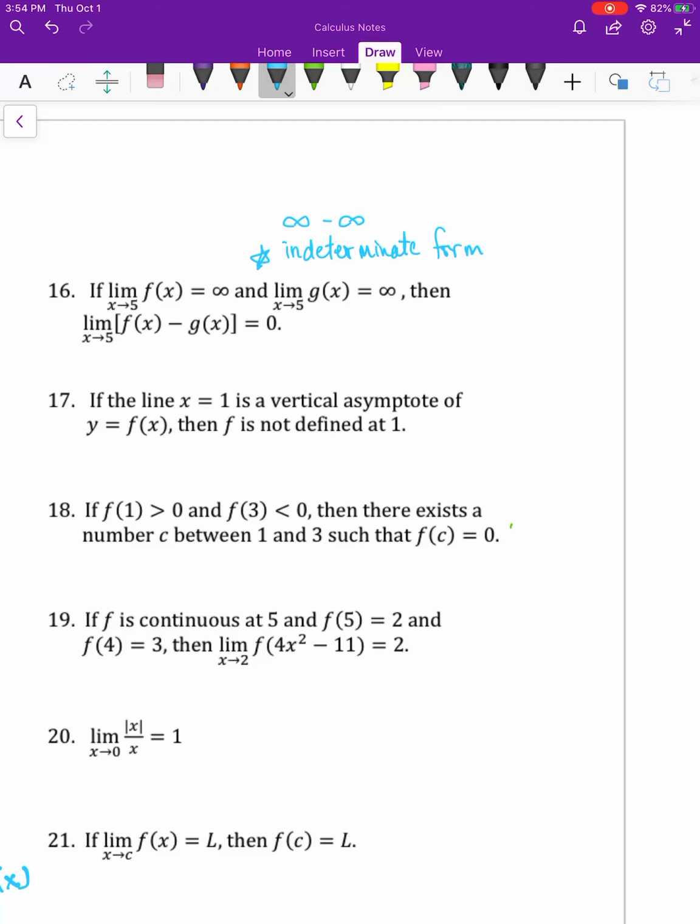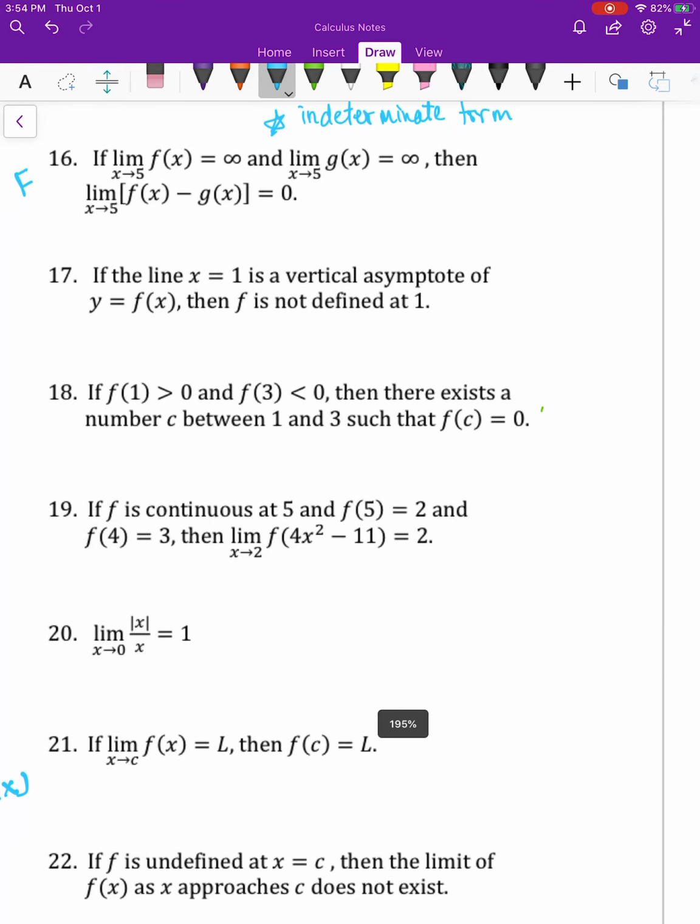This is not something that I can say is always true. No, that is not true. You could end up getting 0 after you do some things to it. You will learn later in this class what the indeterminate forms are and how to work around them. But this would be considered false because that's an indeterminate form.